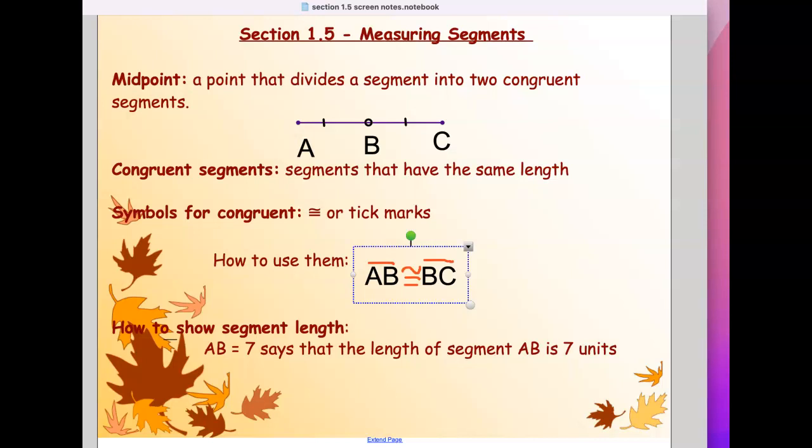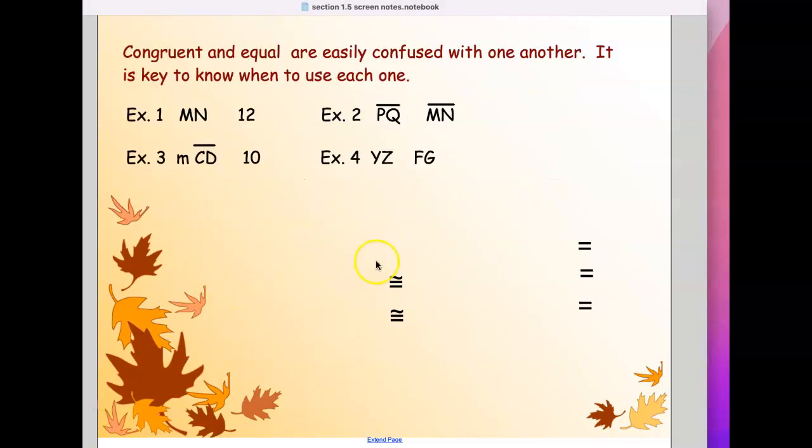But if I don't put the segment symbol over the top, then I'm actually talking about the length. I'm talking about how long the segment is. So notice AB doesn't have the symbol over the top of it because it's using the equal sign to say that it's equal to 7 units. It's important to know when to use the equal sign and when to use the congruent symbol.